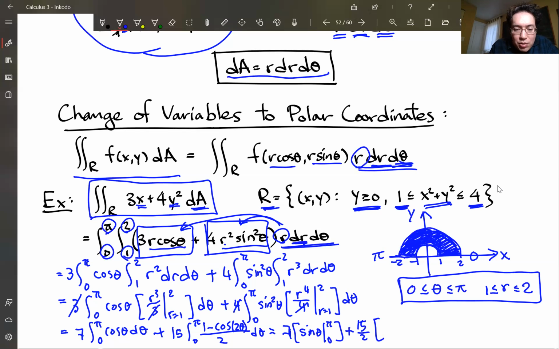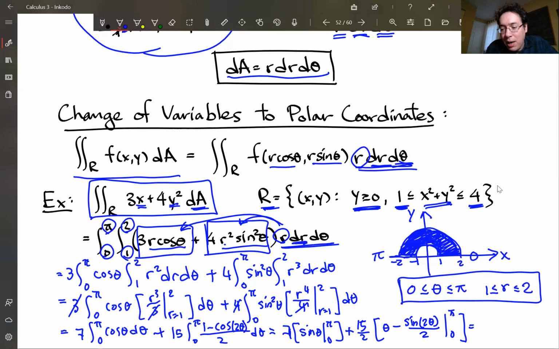Okay, the antiderivative of 1 is just theta, and minus the antiderivative of cosine 2 theta is sine 2 theta over 2, and theta is changing from 0 to pi. Okay, let's look at this sine 2 theta part.